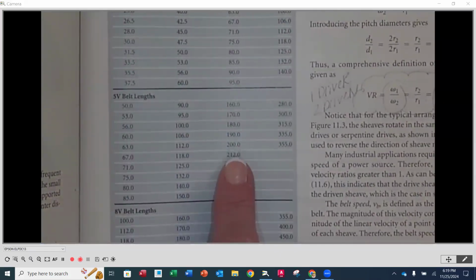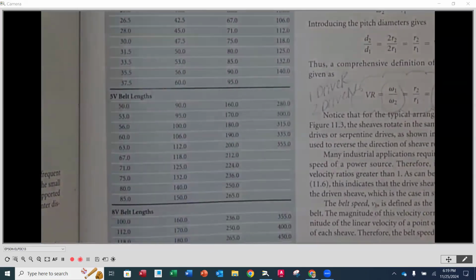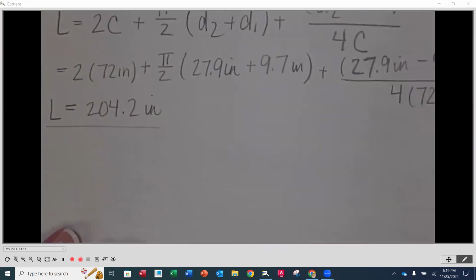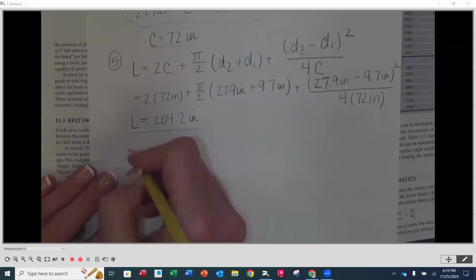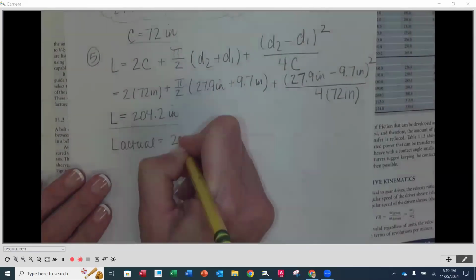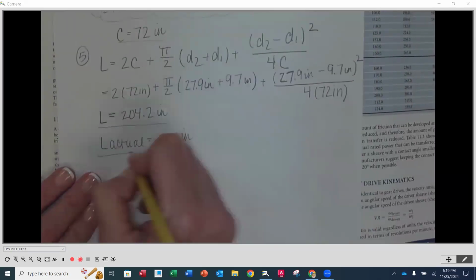And we look, 204. I've got 200, I've got 212, I've got 190. 200 seems to be the closest, right? So our actual length is going to be 200 inches, okay?